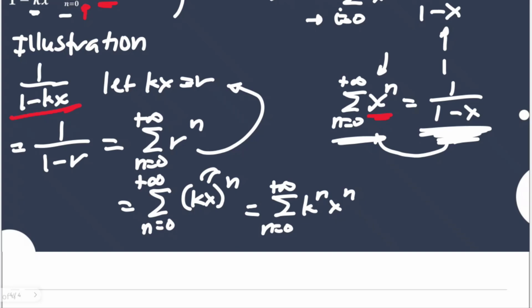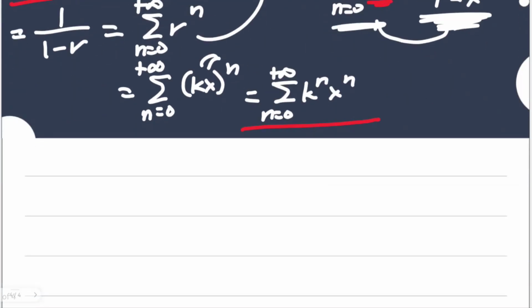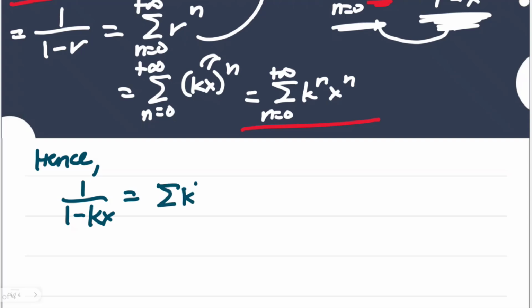That means from here we're able to arrive at this, proving it. So hence we're able to declare that 1 over 1 minus kx, sorry, let me write it again, 1 over 1 minus kx is equal to the summation of k to the power of n, x to the power of n, as n starts from 0 to positive infinity. So you have proven this.